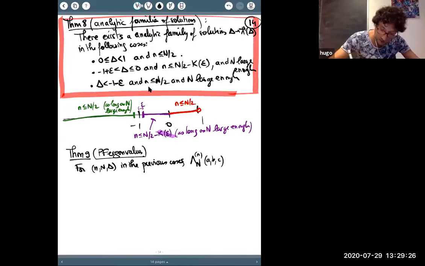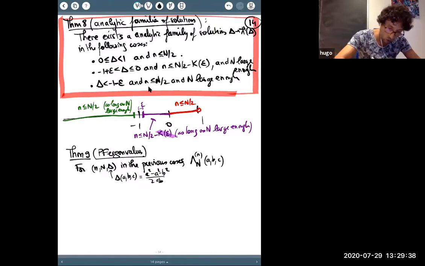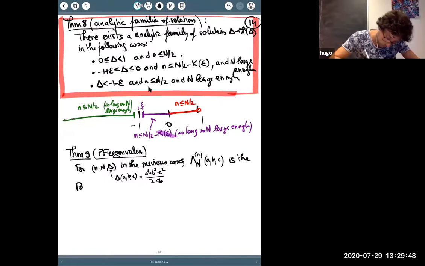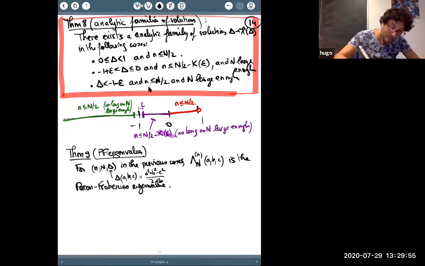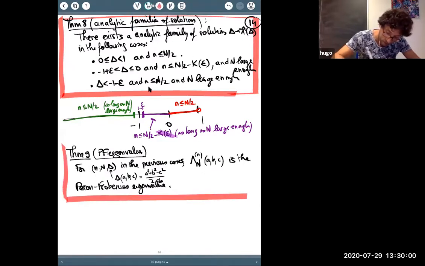So delta here is delta of ABC. So I remind you it's c squared minus a squared minus b squared over 2ab. Oh, no, sorry, with the notation I took for this class, it's the opposite. So this is the Perron-Frobenius eigenvalue. So this is the last step, the last thing we needed to justify, to fully justify the Bethe ansatz.